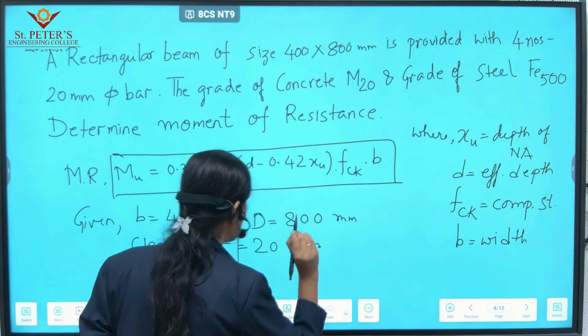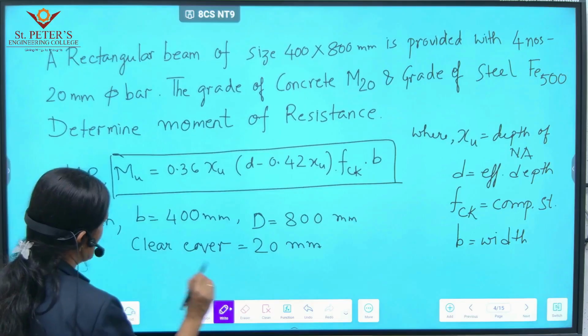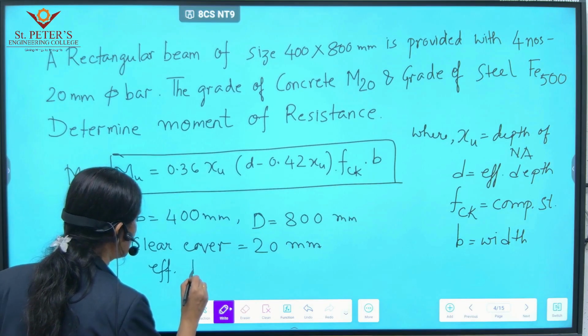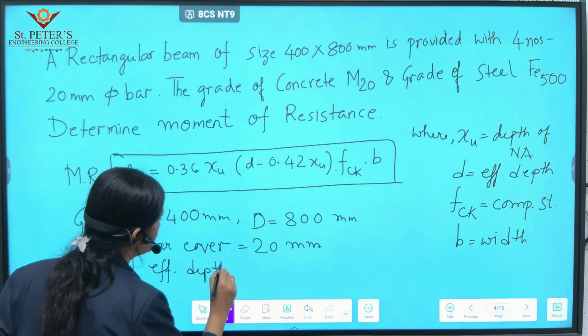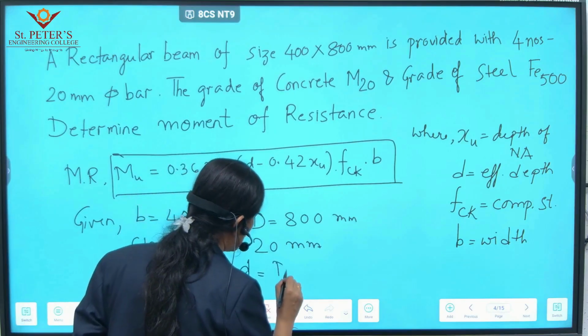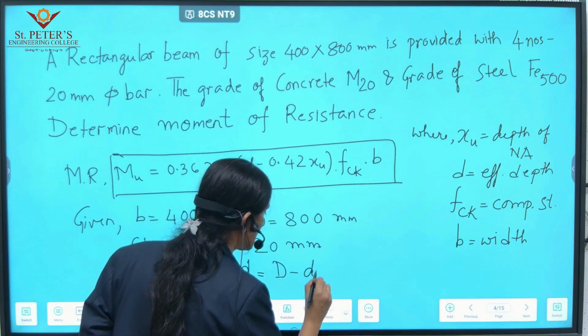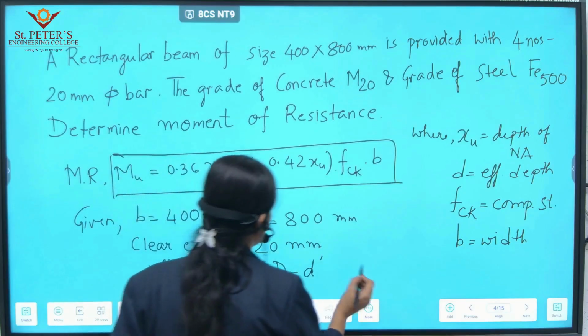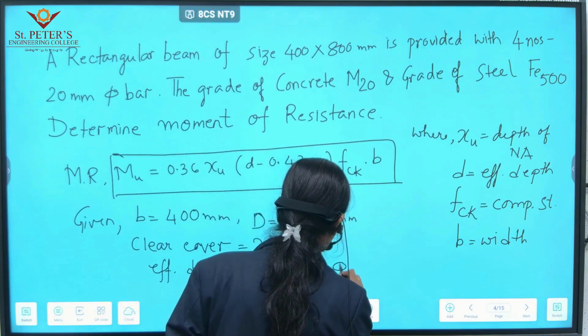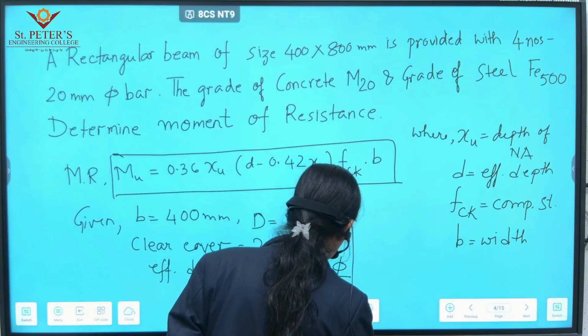So if we consider clear cover as 20 mm, the effective depth small d is equal to capital D minus clear cover minus dia of the steel by 2.